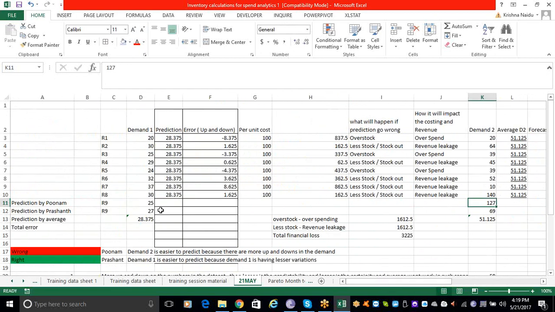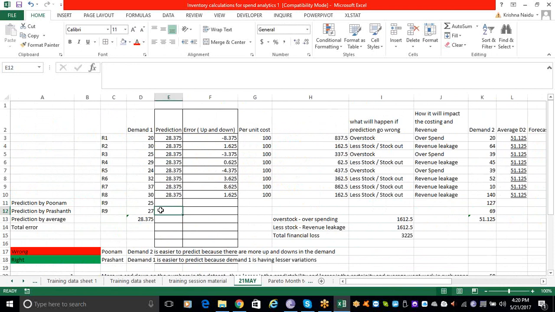We'll come there. Now, you guys understood, right? How to find the spend leakage and the revenue leakage by comparing the demand with the prediction. Same thing will be applied in the actuals and the forecasting.